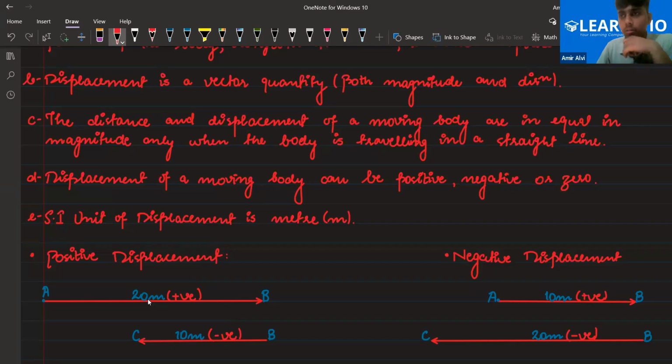Yes, 30, because I've told you that distance does not depend on the direction. It will add up. Wherever you go, it will add up. So the total would be 20 plus 10, which is 30 meter. Clear?